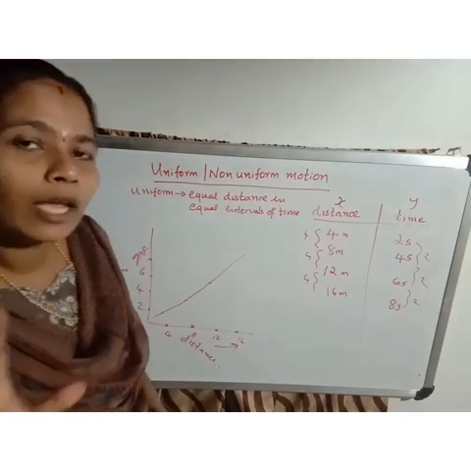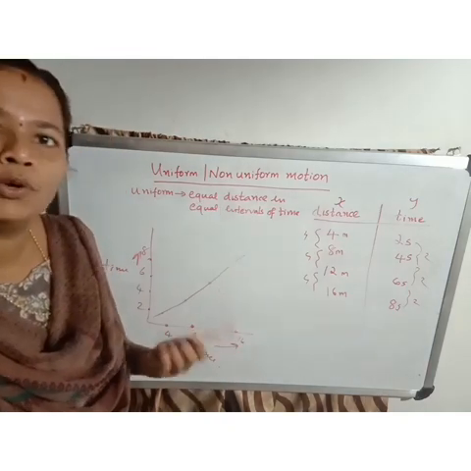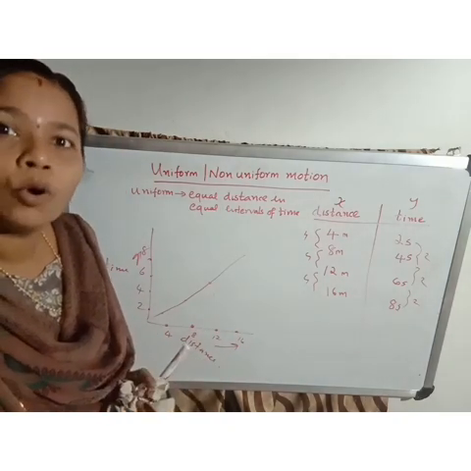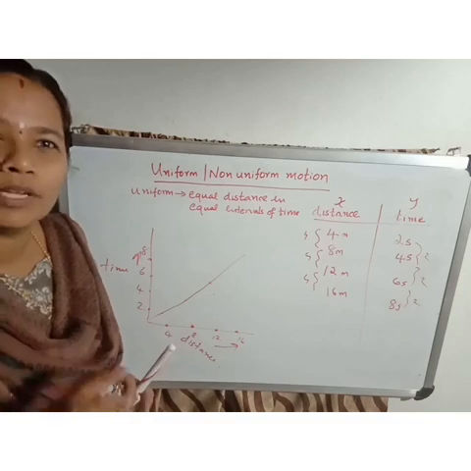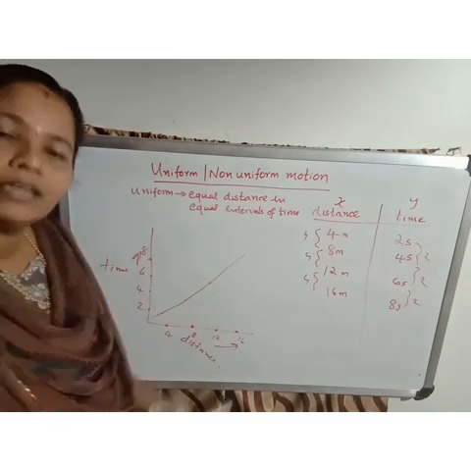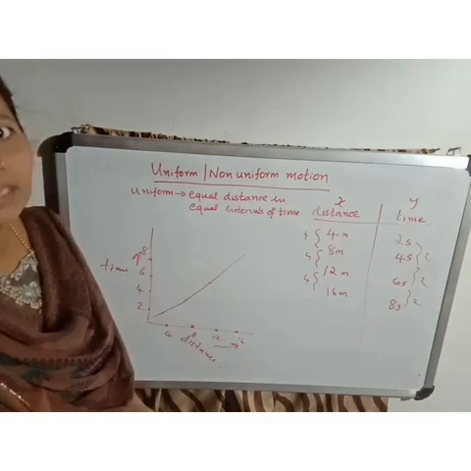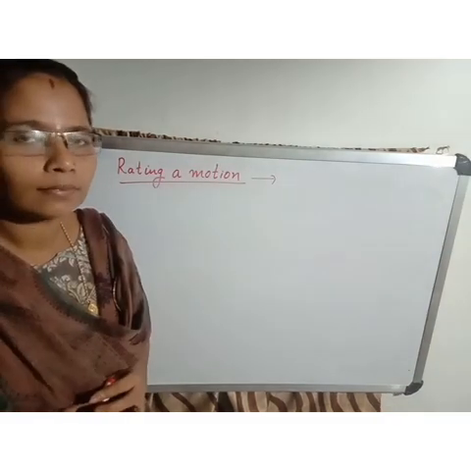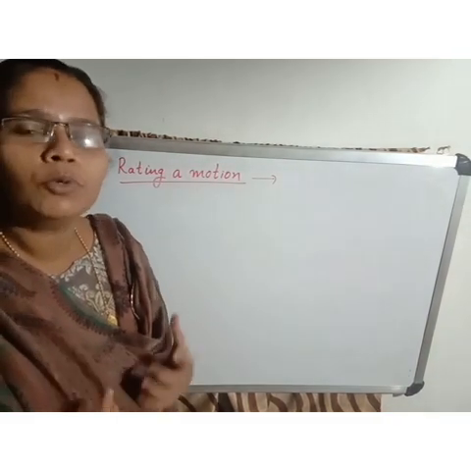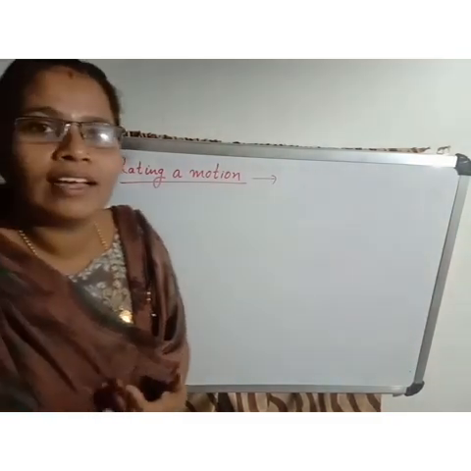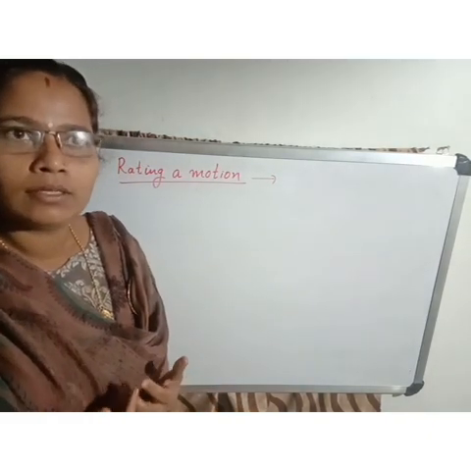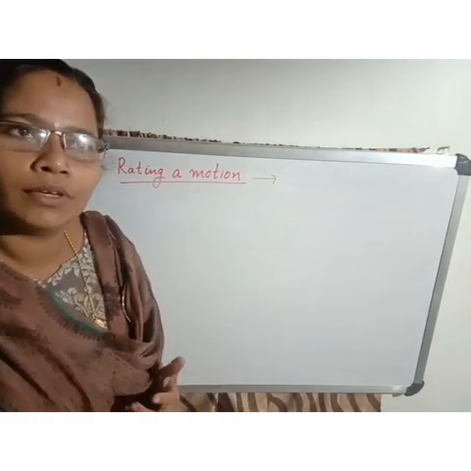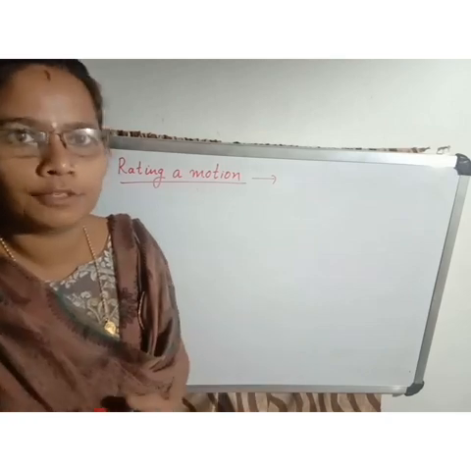So you came to know what a non-uniform motion is. Non-uniform motion means there is no order in the body's motion, which means it travels unequal distances by taking unequal time. Rating a motion is like how we all rate apps. In the process, we are finding out the quality of it.